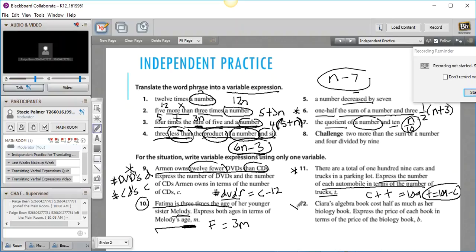Okay, and then the last one, Sierra's algebra book cost half as much as her biology book. Express the price of each book in terms of the price of the biology book. So the biology book is B. Okay, we're going to say A is the algebra book.